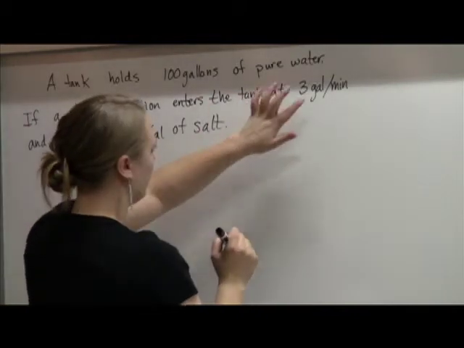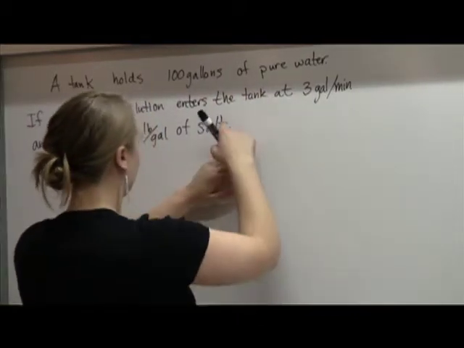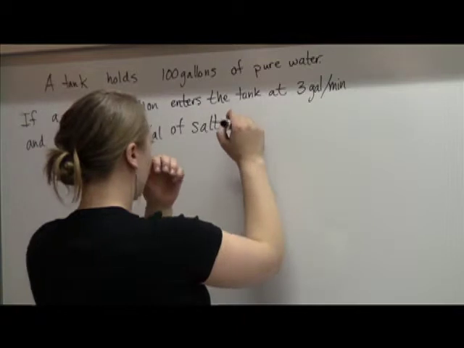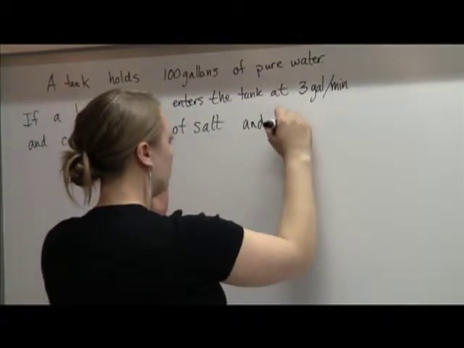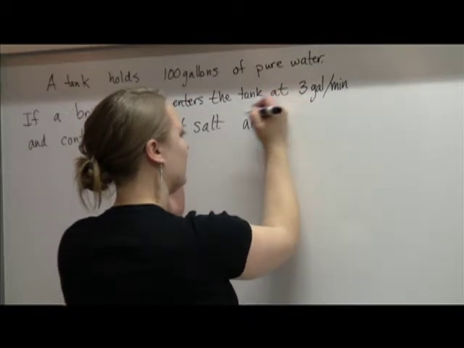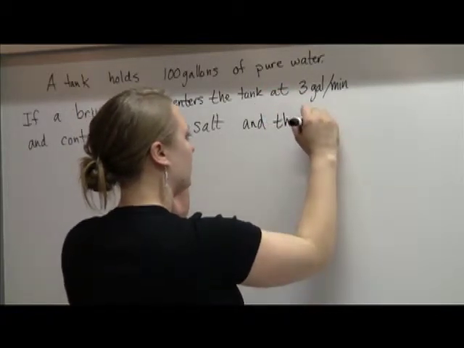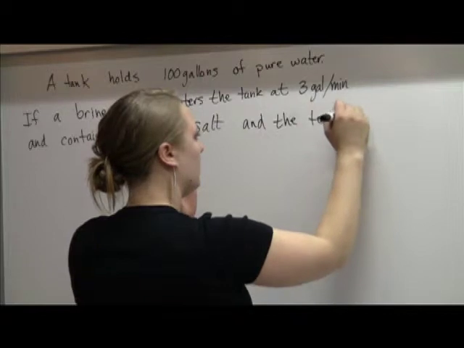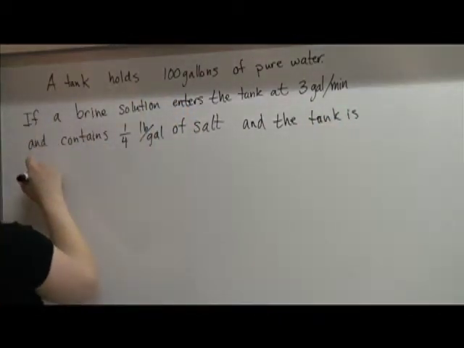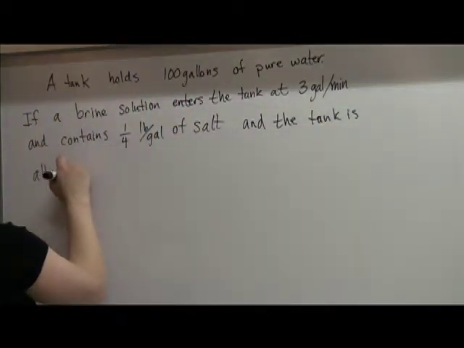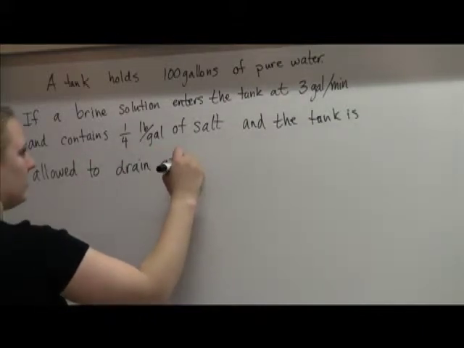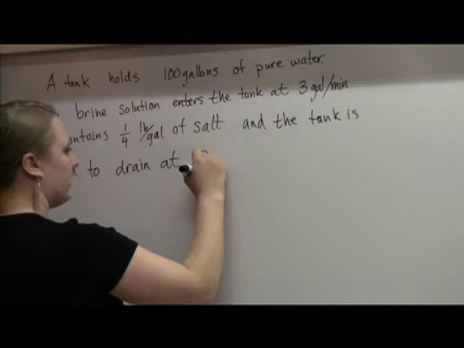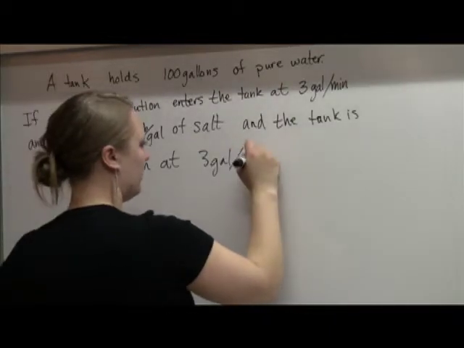Brine solution enters the tank at 3 gallons per minute. Contains quarter pound of salt per gallon. And the mixture, I'll just say the tank, otherwise it's confusing. The tank is allowed to drain at 3 gallons per minute.